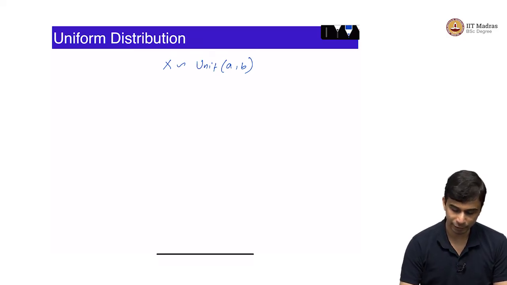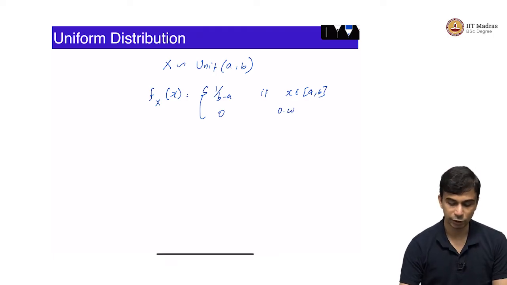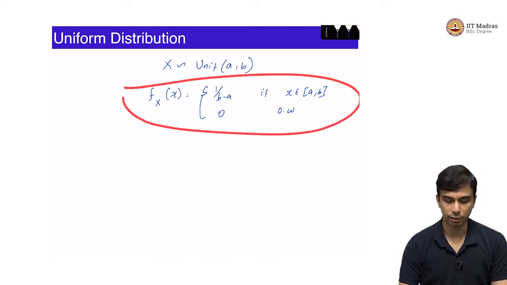So what does that mean? Well, that means the density function f_X of x is simply equal to 1 by b minus a if x belongs to [a, b] and 0 otherwise. This is the density function associated with this distribution.